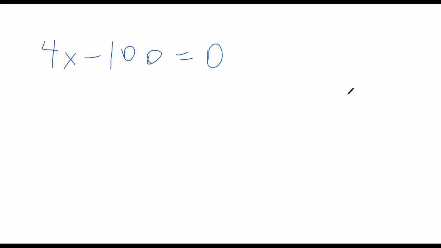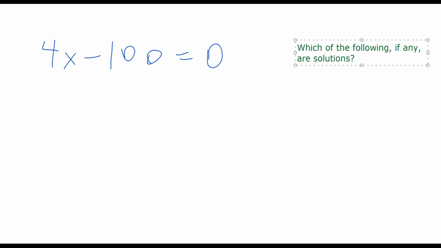What we're going to do with that is ask, hey, is this a solution? I'm going to give you a number, and you're going to tell me if it's a solution. So you might even be able to eyeball it. Which of the following, if any, are solutions to that equation? Let's try x equals 50.